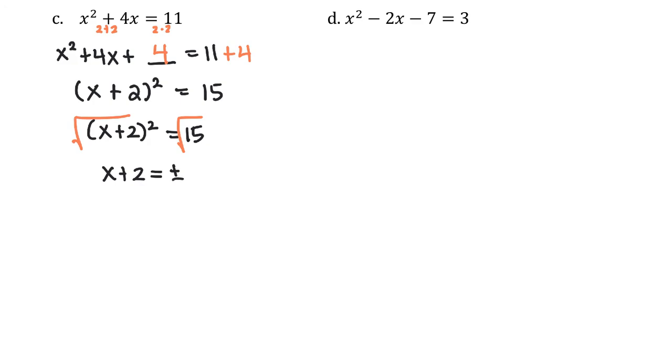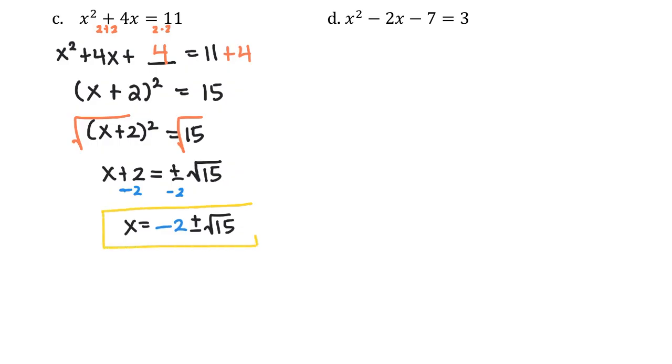Can we simplify it? Let's see, I could do square root 3 times square root 5, but neither square root 3 nor square root 5 are rational. So let's leave it as positive negative square root 15. Okay, and we normally put the rational part first and the irrational part second, although it's not wrong to do it the opposite way.